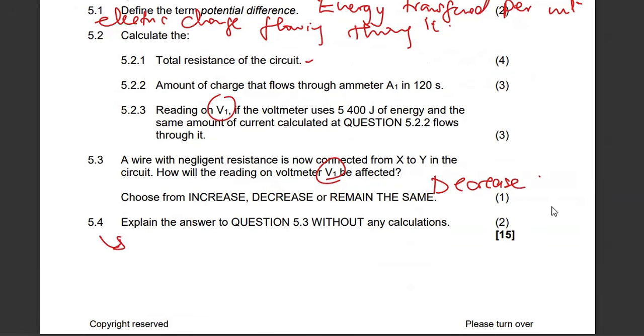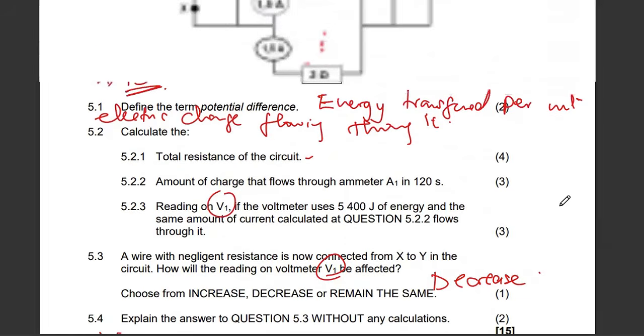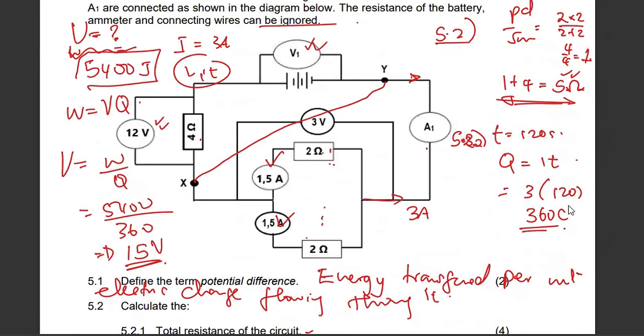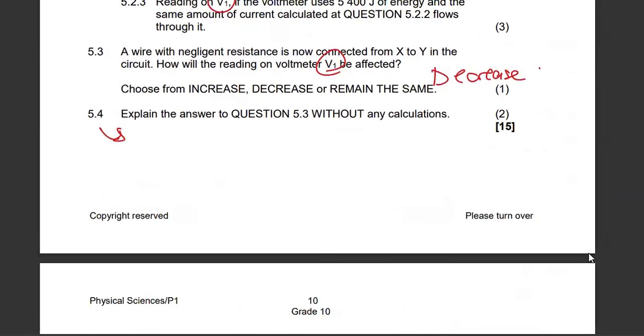They want us to explain. What we can see is that connecting a wire simply takes off these two resistors, meaning that this one is taken away. So we're going to say that connecting the wire decreases the resistance to just 4 ohms, and it will also make it to be in series.